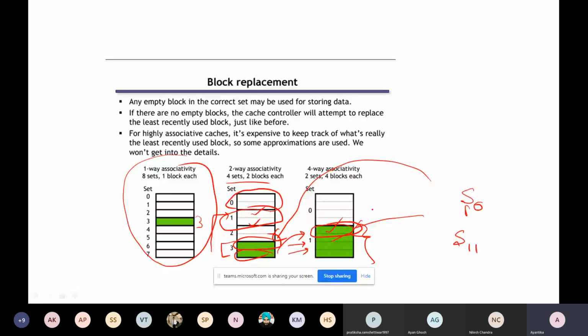That means again you are getting a cache miss. Again, you have to go back to the main memory and fetch that data.